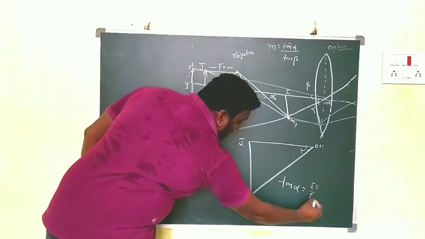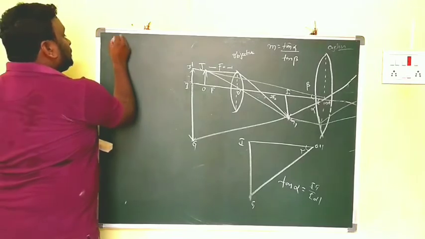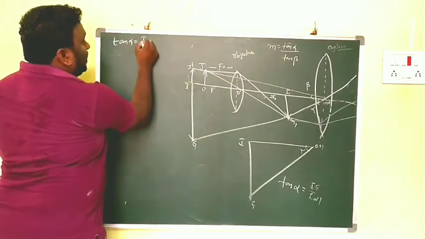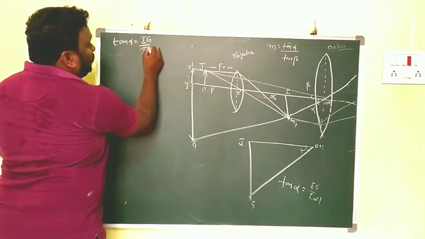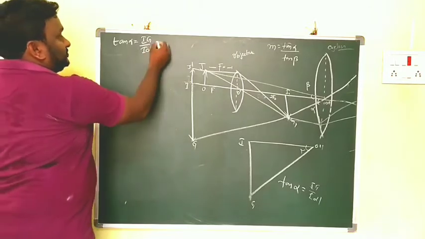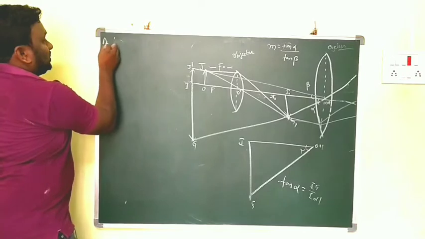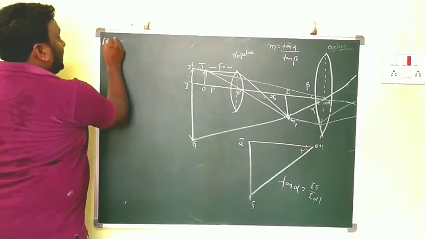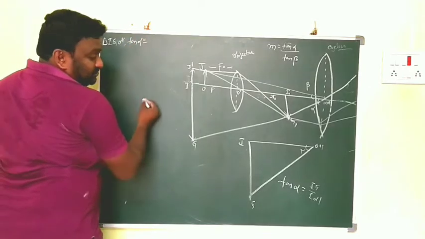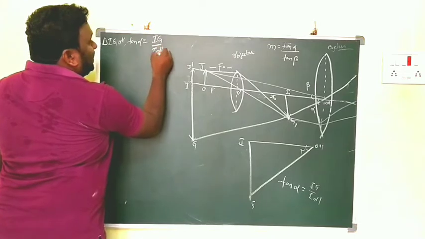That's why I am writing tan alpha equals IG by IO double dash. Similarly, from triangle IG O double dash, tan alpha equals IG by IO double dash.